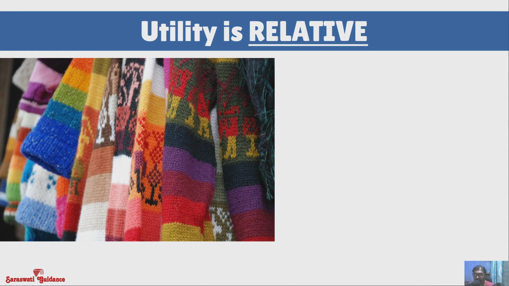On your screen there is the example of the first feature of utility. Utility is relative. On your screen you can see some woolen clothes. Why am I showing you the picture of some woolen clothes?